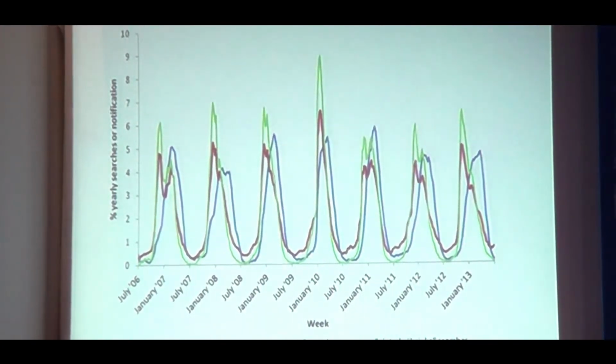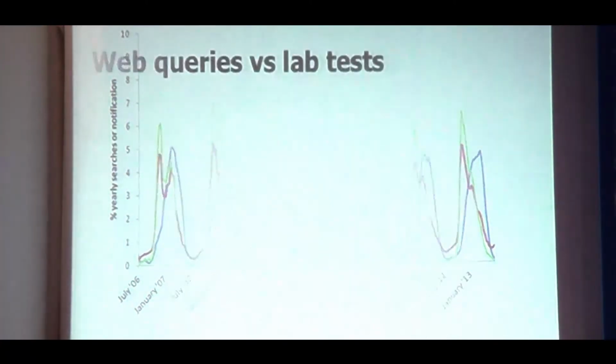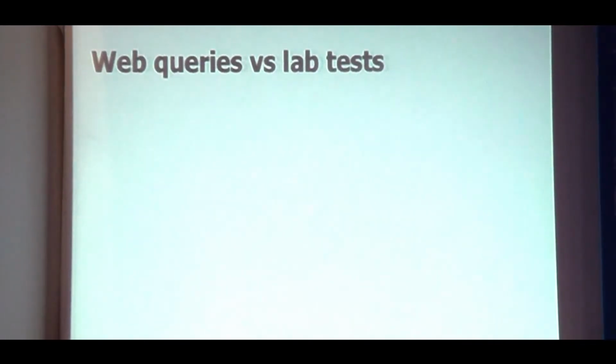And what is interesting in this graph is that we can see that the green and the red lines, that is the queries, are always ahead of the blue line, that is the laboratory reporting. So what we assume then is that the winter vomiting disease, the spread of the norovirus, would start in society as reflected by the queries and then spread into the healthcare sector, because that is where people are sampled.